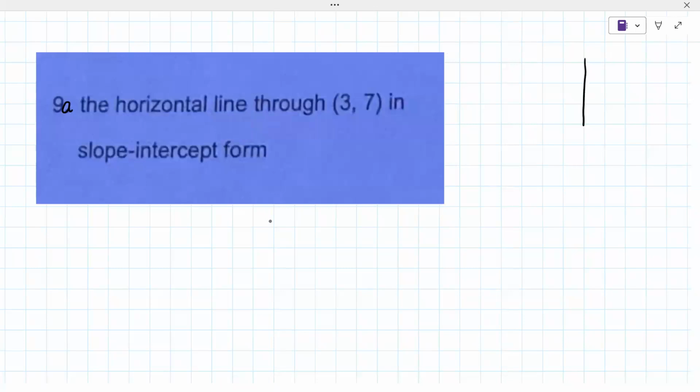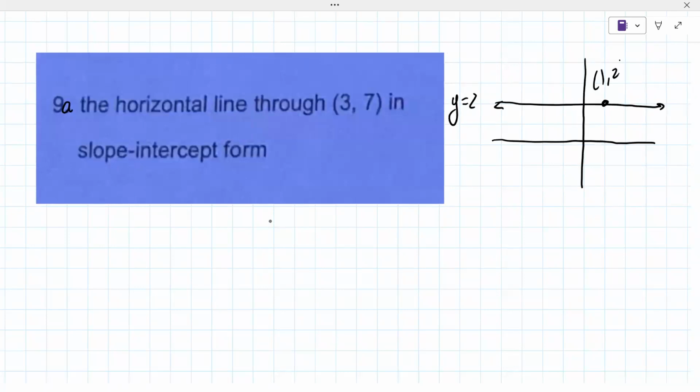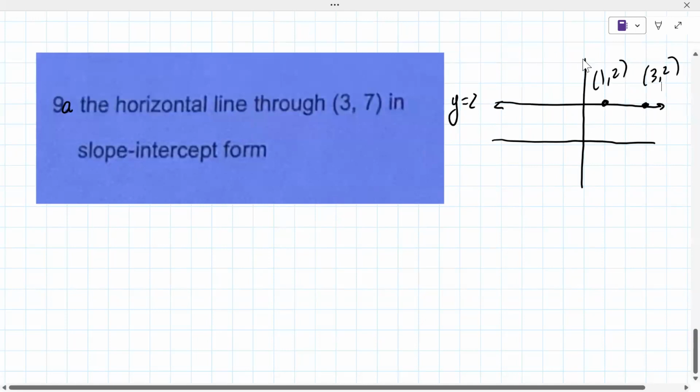I'm going to draw a horizontal line and label 2 points on this line: 1, 2, and 3, 2. What is the same in both of those points? The y value, yeah.